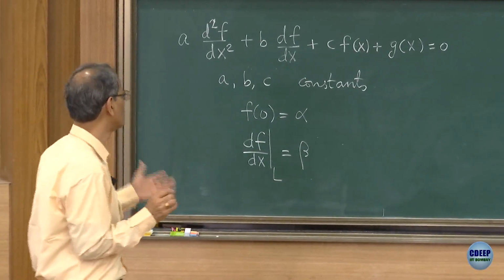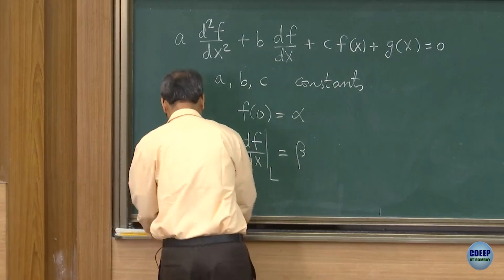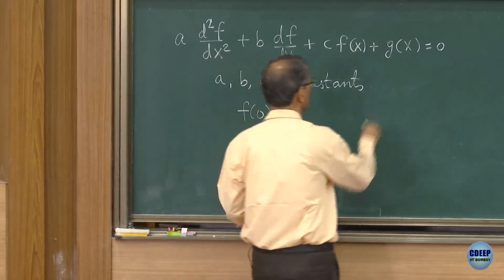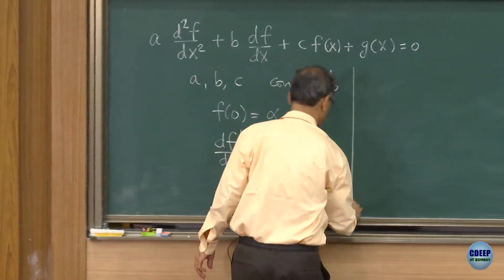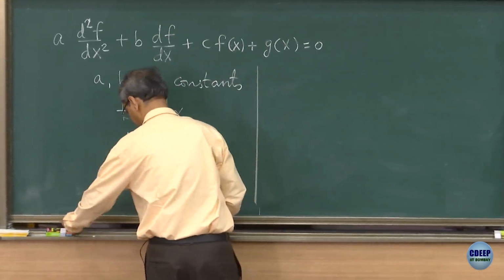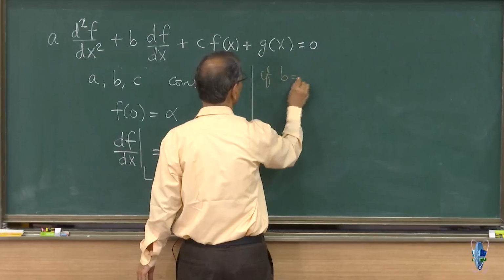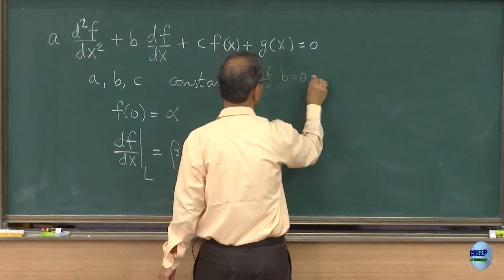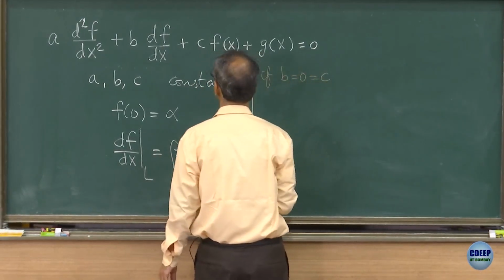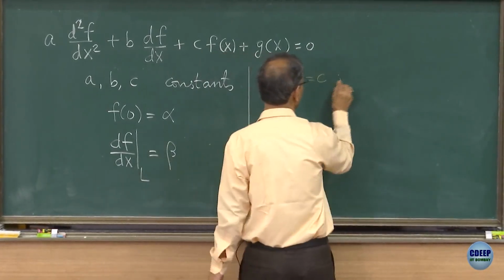Now it is easy for you to see immediately if B is 0, say even C is 0, then what happens?